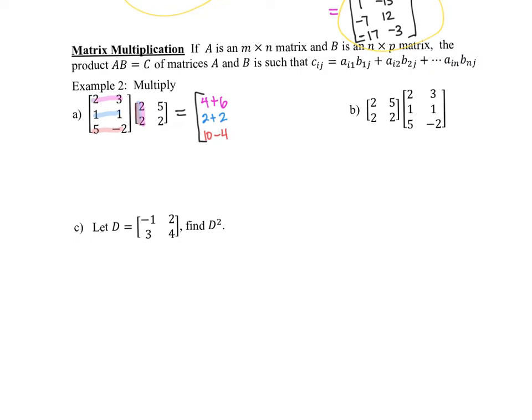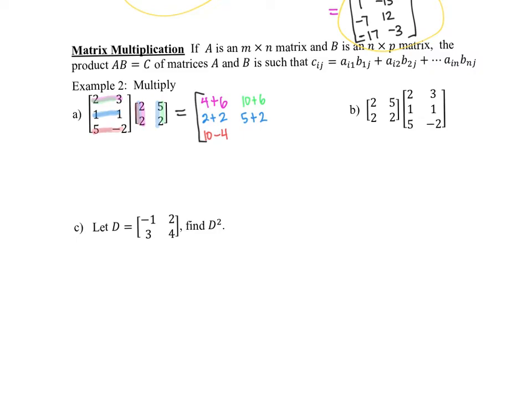Okay, so if I want to do row 1, column 2, that is going to go over here. And I'm going to multiply the corresponding entries. So 2 times 5 is 10, 3 times 2 is 6. And I am going to ask you to show this step in your work. Which one am I going to go to next? Row 2, column 2. And I'll do the corresponding entries. So 1 times 5 is 5, 1 times 2 is 2.